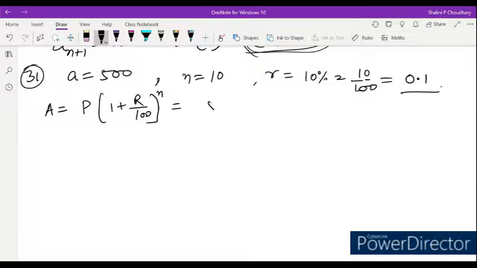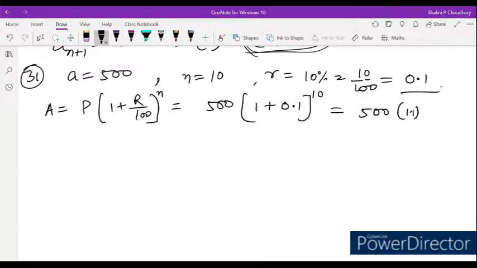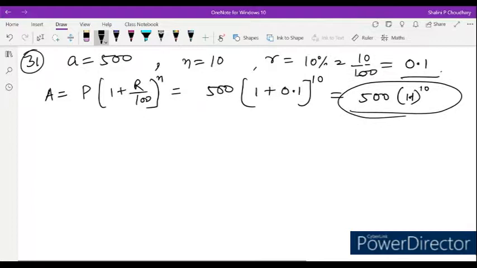So this will be 500 into (1 plus r upon 100, which is 0.1) to the power 10. Okay, so it will be 500 into 1.1, oh, mistake I have made, 1.1 to the power 10. So this will be the amount after 10 years.